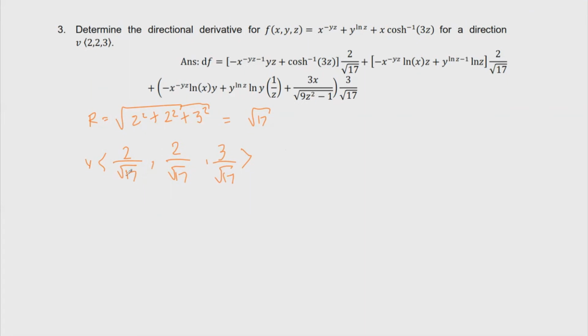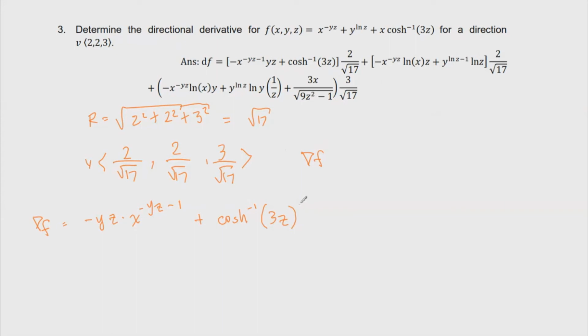So with that, we start with finding the gradient of f. The gradient of f is equal to, we start with the partial derivative of this expression with respect to x. So that is negative yz times x raised to negative yz minus 1, and then we skip to the second term, plus hyperbolic cosine inverse of 3z times x.